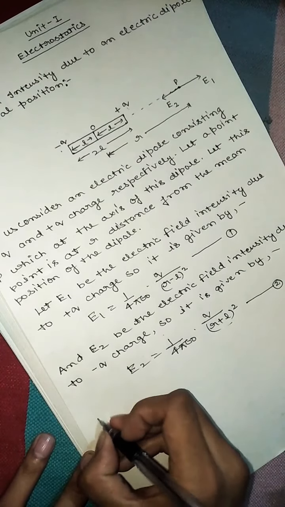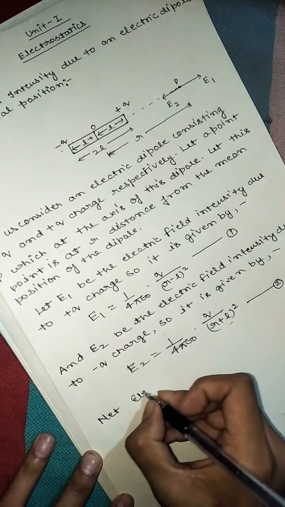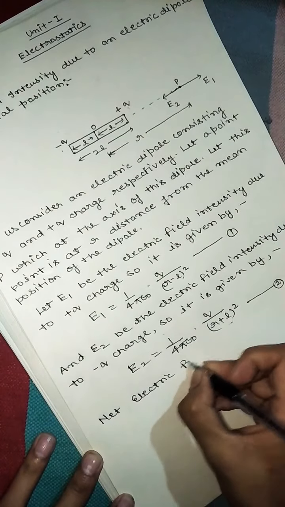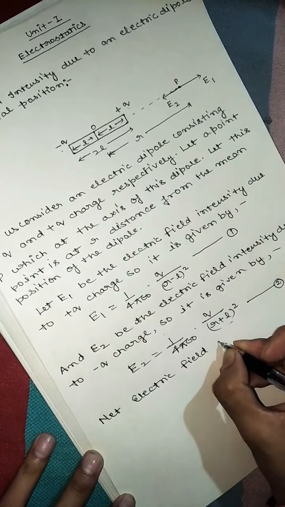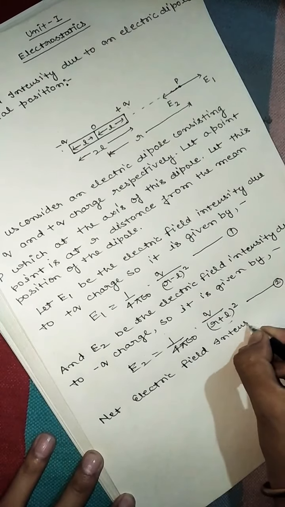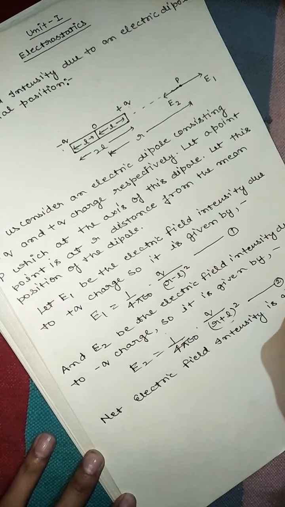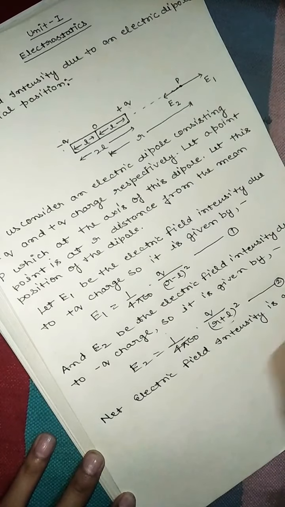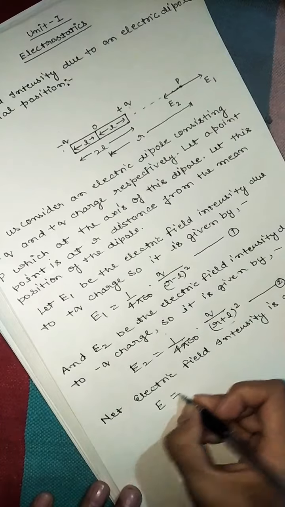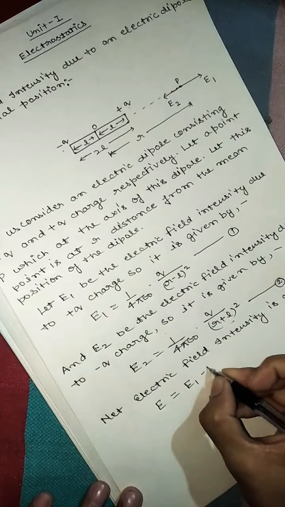So the net electric field intensity is given as E is equal to E1 minus E2.